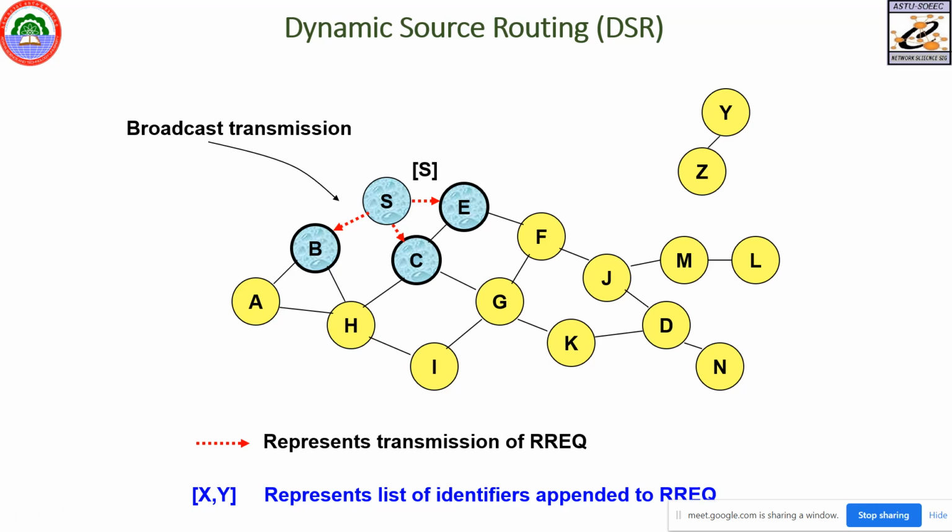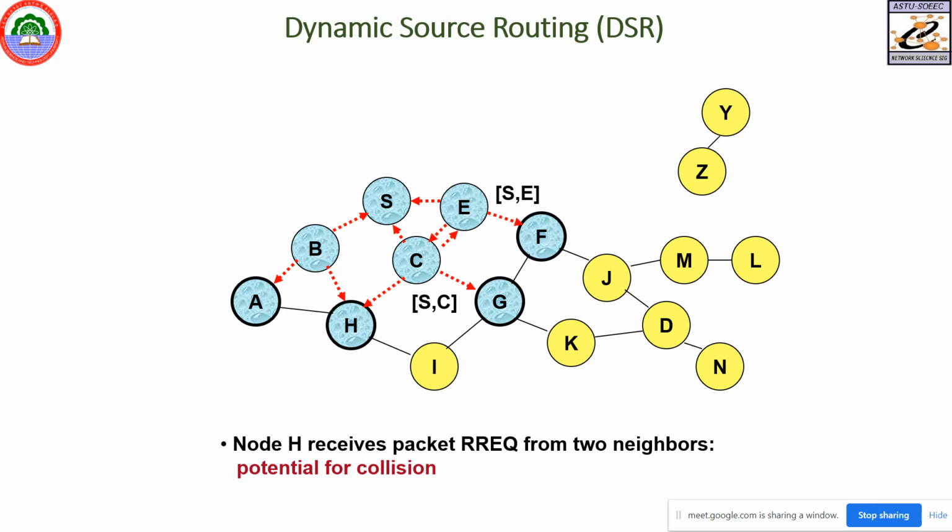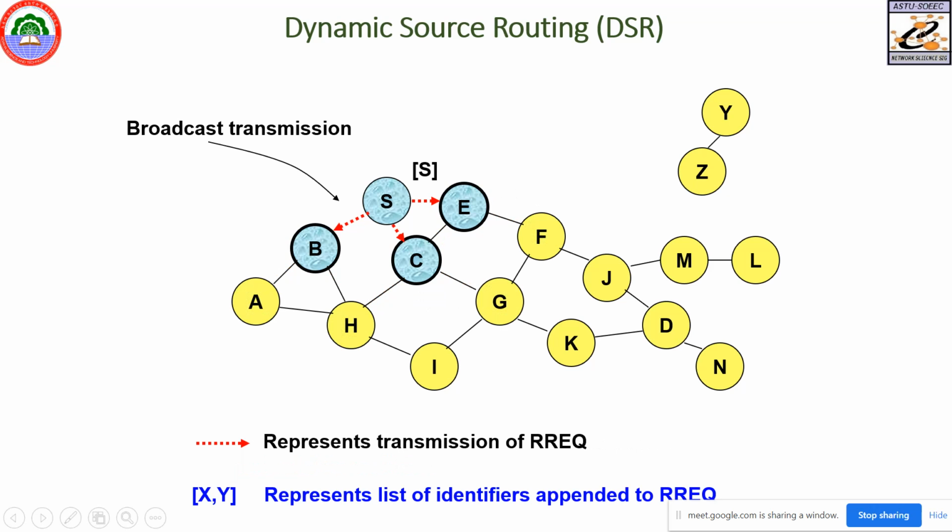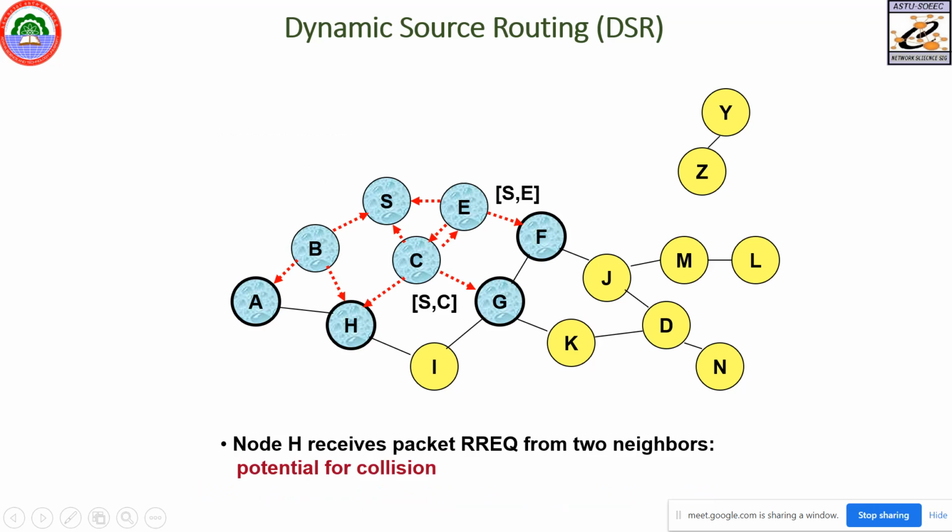But the drawback of DSR is that when it is broadcasting, it doesn't check where that packet came from.